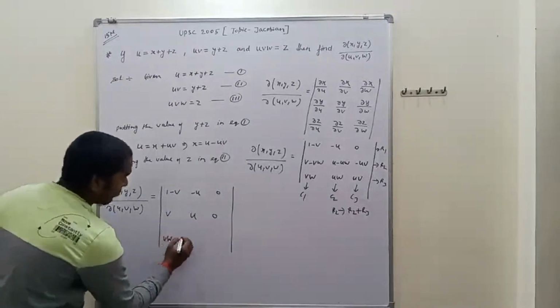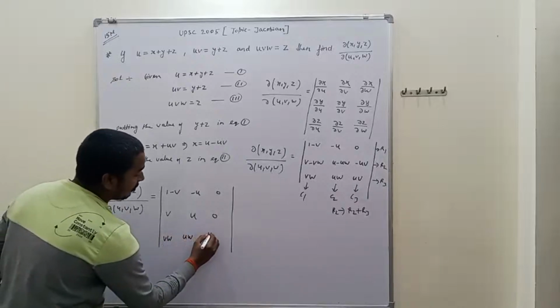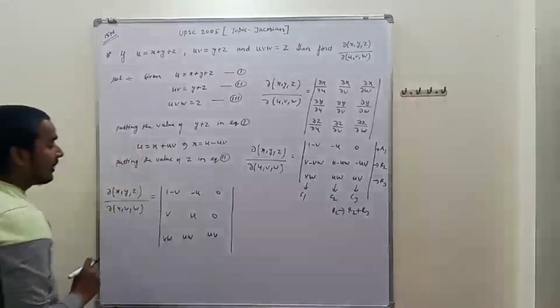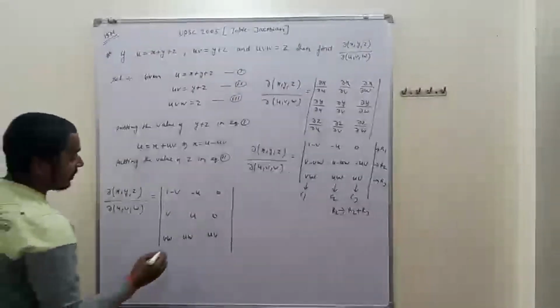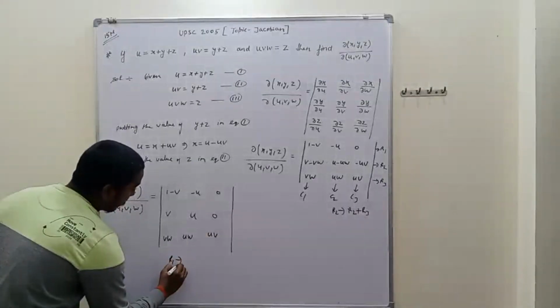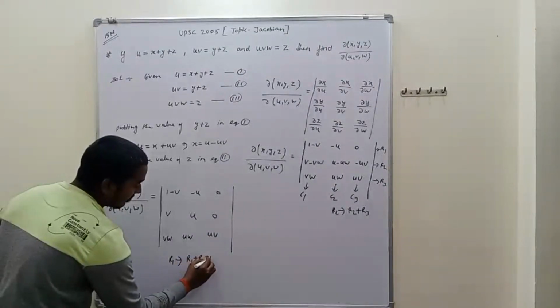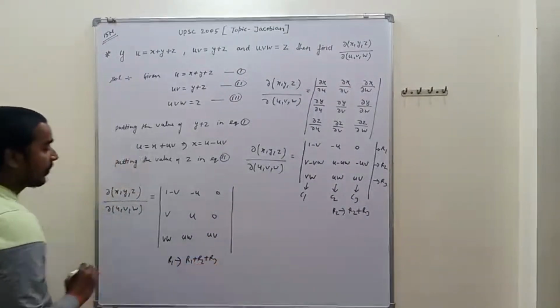and the remaining is VW and UW and UV. Further we have to take the operation, that is R1 replacing R1 plus R2 plus R3.